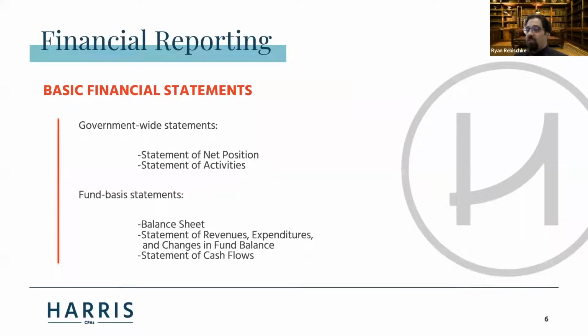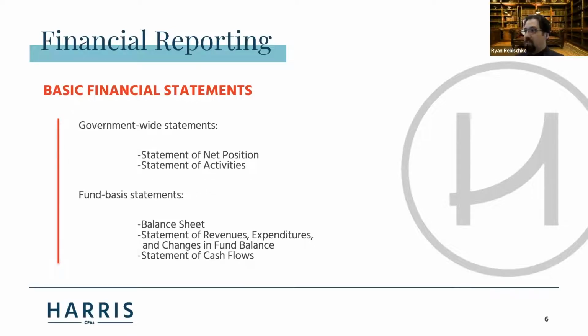Within the financial statements, you'll have what are called the basic financial statements. It's the standard reports that you'll see in any complete set of financial statements. These serve to give the users an understanding of the entity's health.